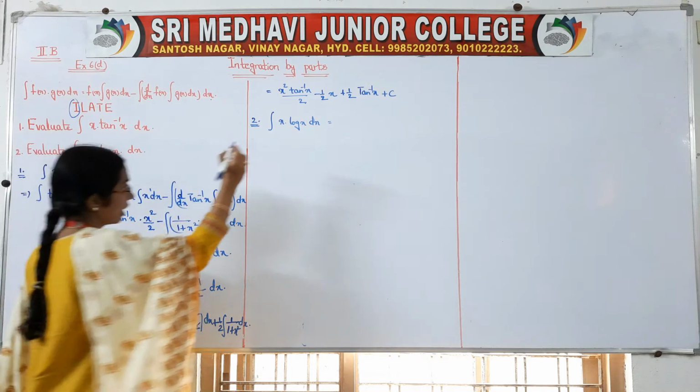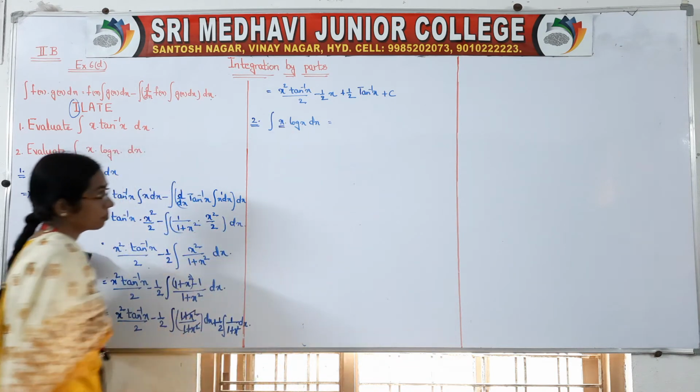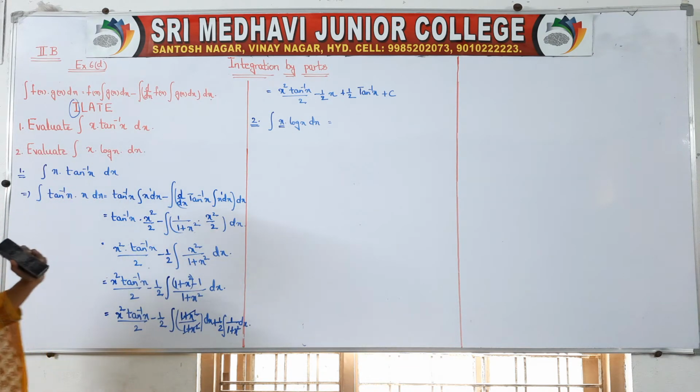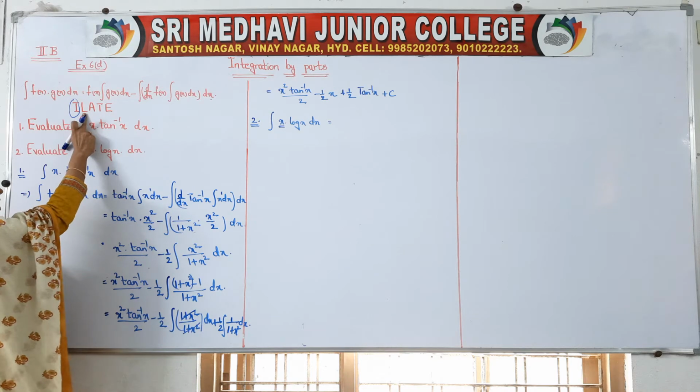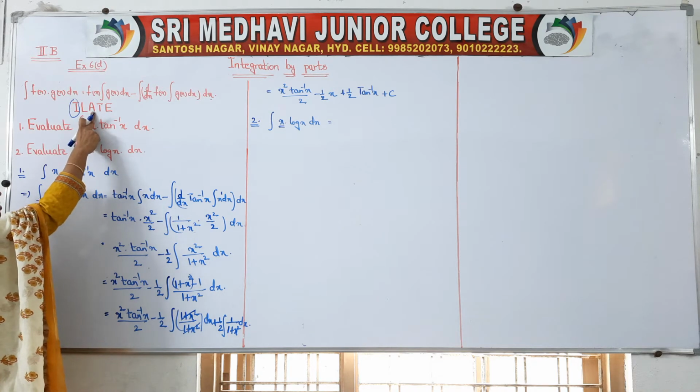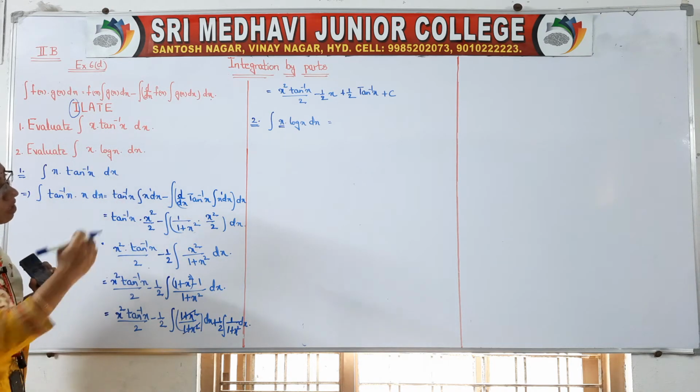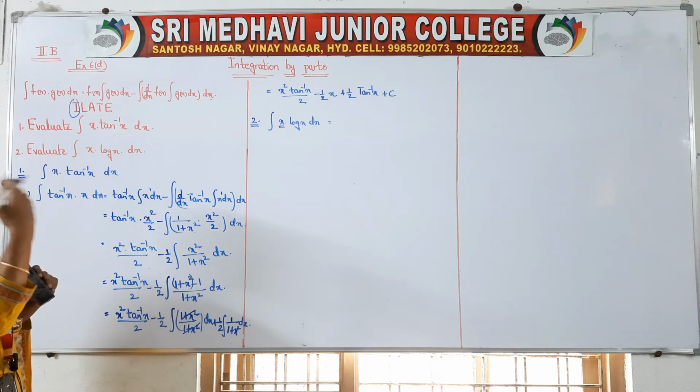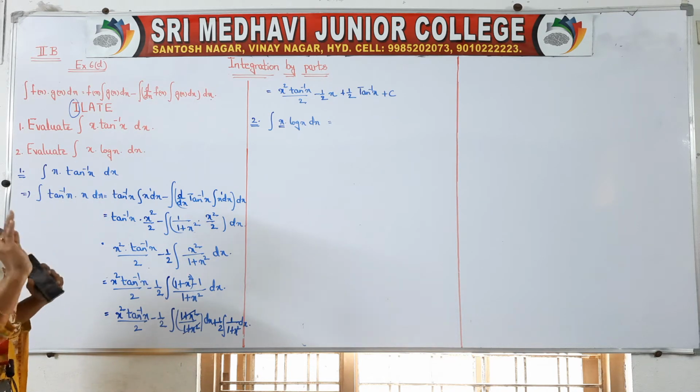So what is your x? x is algebra and log x is a logarithmic function. So first log comes, then algebra comes. So we have to take f of x as log x and g of x as x. Like that, if we solve, you will get a simple solution.